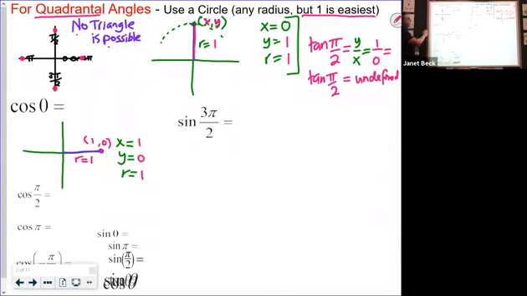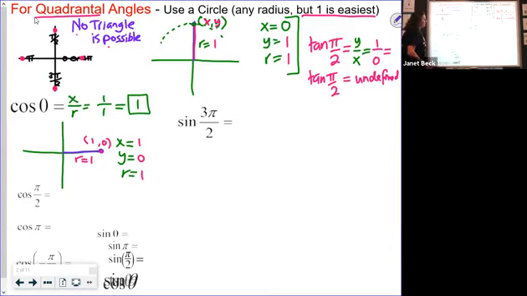Now I could find any trig function of 0. We've been asked for the cosine. Cosine is the ratio of x divided by r. So it's 1 divided by 1, which gives me 1. And hopefully you can see here, it really does not matter.